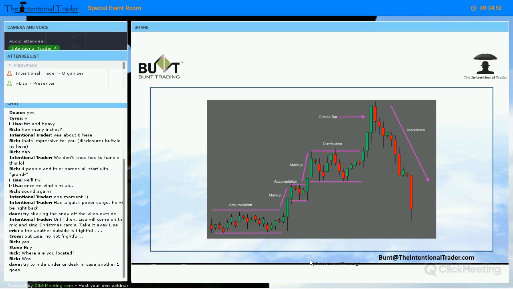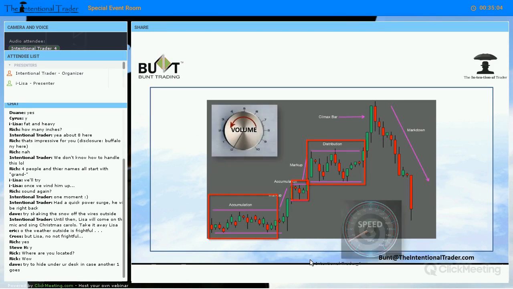Okay? So we see these low volume channeling things, and nobody wants to trade during this. Then we see these very low volume, very low speed type of trades. Speed meaning the rate at which the orders are being processed. This is not a good time to be trading. Okay, and we all know that.